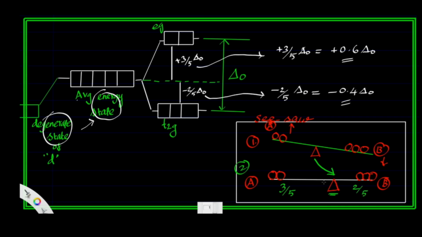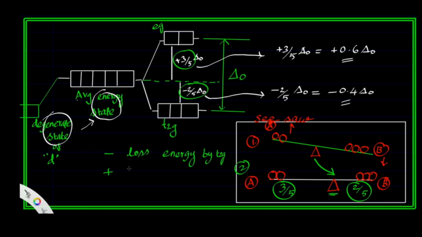So now the total weight is balanced on the center of the seesaw. It's clear. So this 3 by 5 is present in the diagram here, and this 2 by 5 is the energy which is decreased for the T2g set. This plus symbol indicates the increase of energy.